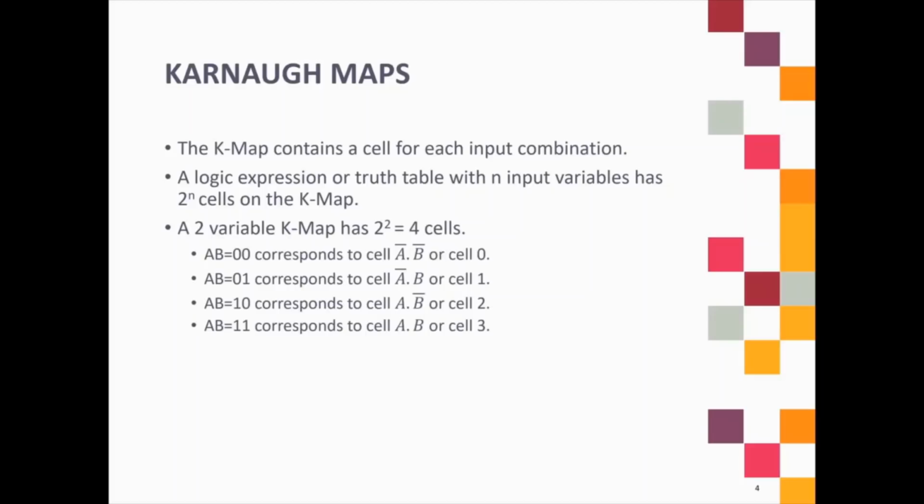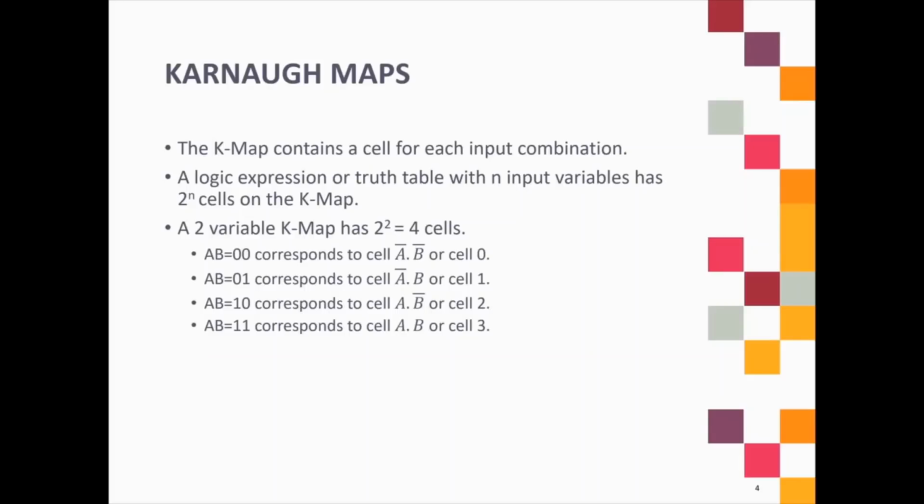So if you refer to the 2 variable K-map, you have 4 combinations, and this is the value in your truth table. So for your 2 variable truth table, you have 4 combinations.